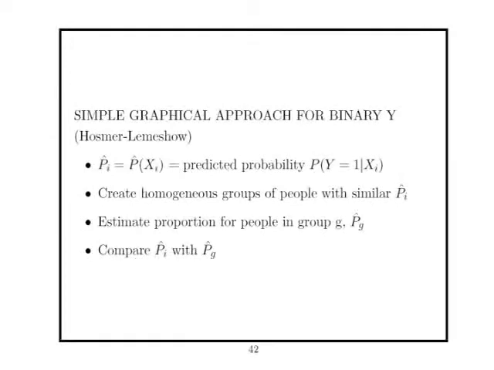And so the approach I'm taking is just a graphical approach. Just stepping back a little, pretend I had a binary outcome, yes, no. And I make a predicted probability, call that p hat for patient i. The Hosmer-Lemeshow way of validating is to take all the people who I predict similar probabilities.